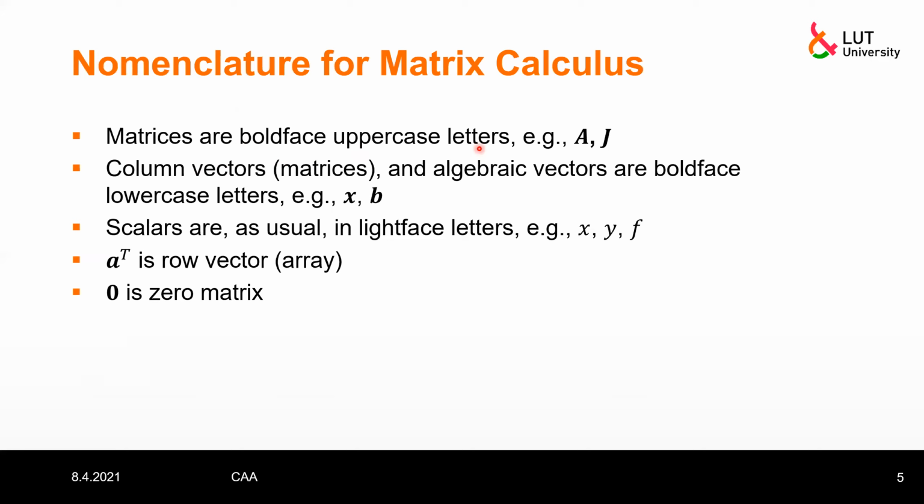With uppercase letters, you have matrices, which are usually two-dimensional entities. Column vectors are column matrices, 1D entries, also boldface but lowercase. Scalars are written as usual, in lightface letters. And as we discussed, the transposition of A is a row vector or row matrix, and 0 is the zero matrix.